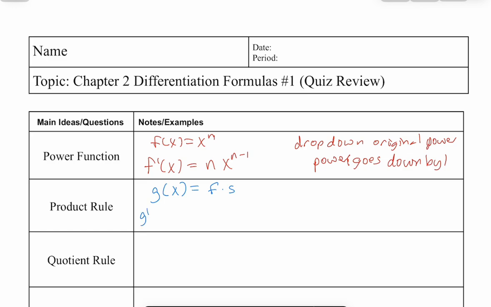So the derivative is the first times the derivative of the second plus the second times the derivative of the first.